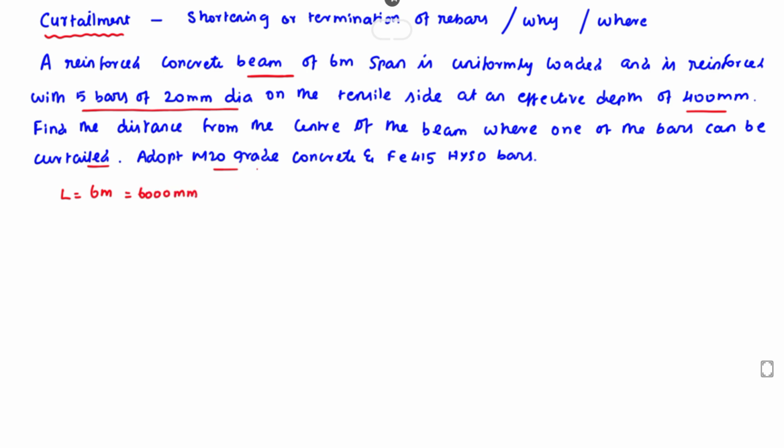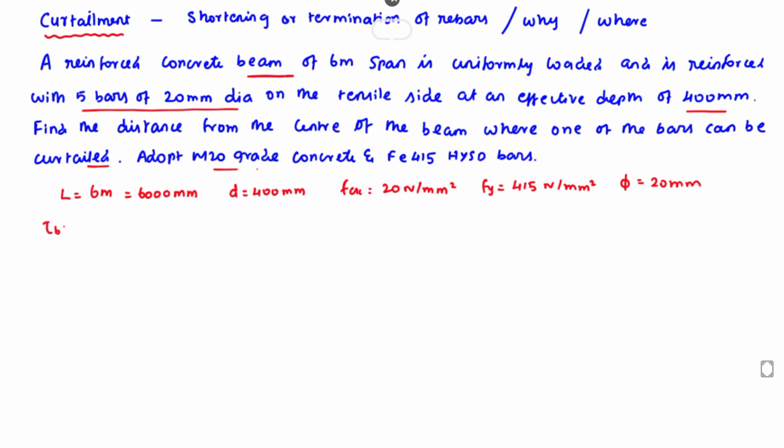Next, effective depth d equals 400. Then fck is given, fck is 20 Newton per square mm, that is M20 grade concrete. Then fy is 415 Newton per square mm. The diameter of the bars is given, dia is 20.